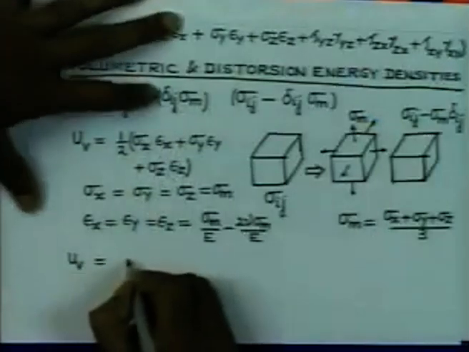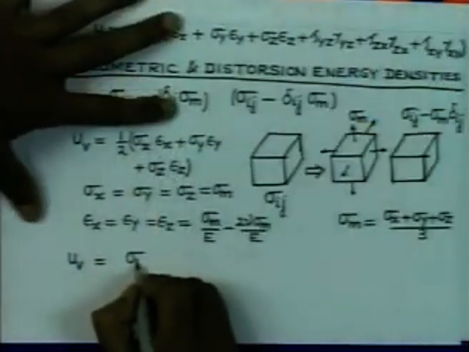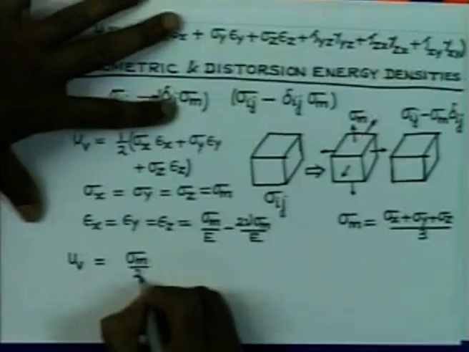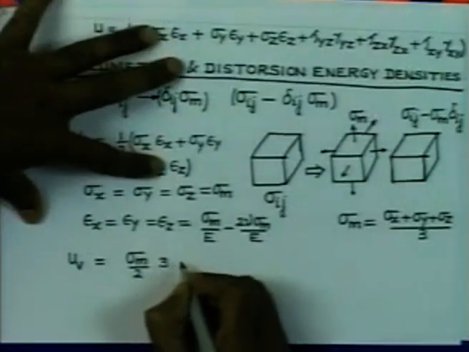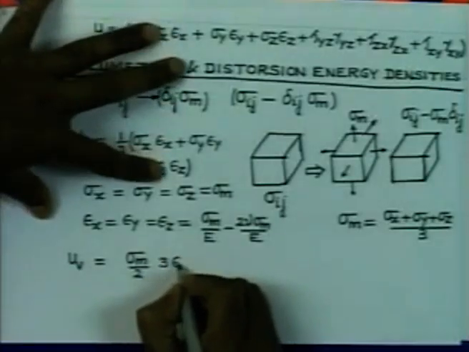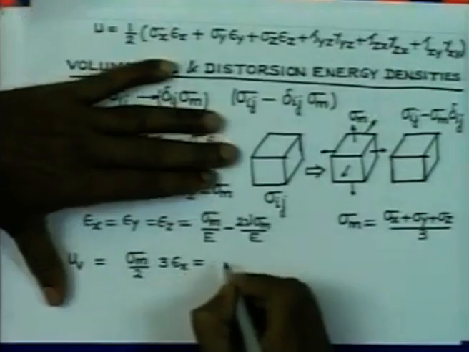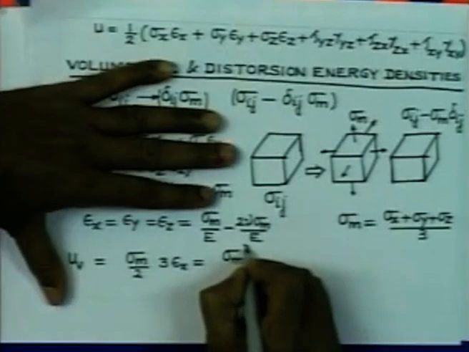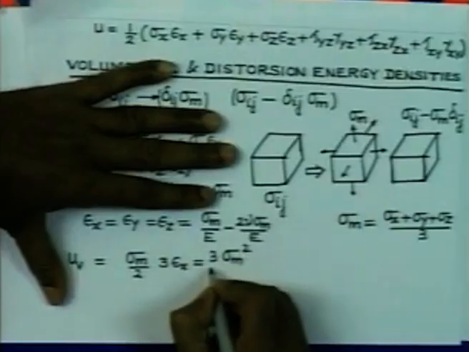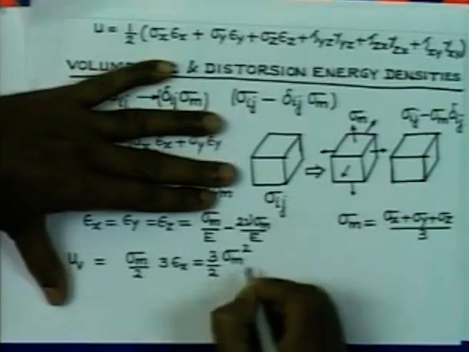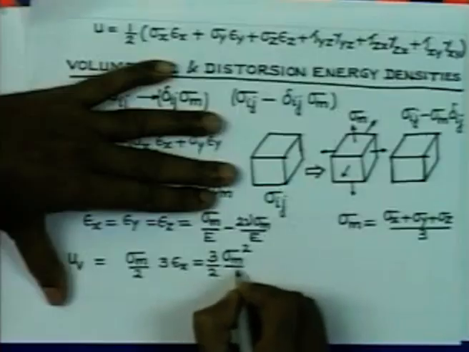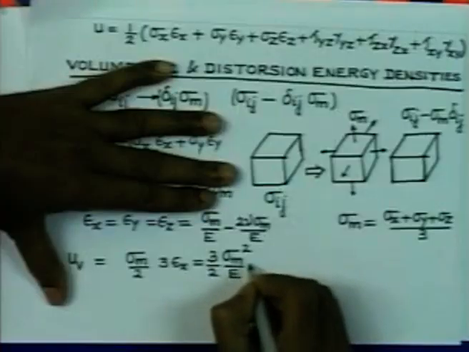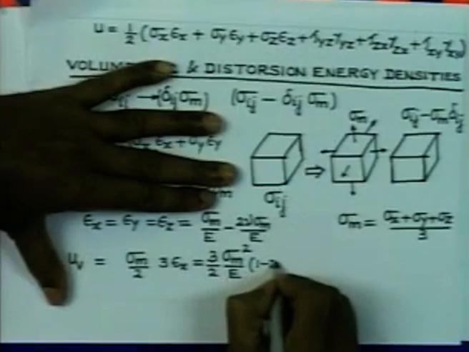So, therefore, if we now calculate uv, that is going to be sigma m by 2 into 3 times epsilon x, and therefore, it is nothing but sigma m square. We can have these constants 3 by 2 sigma m square by E into 1 minus 2 nu.